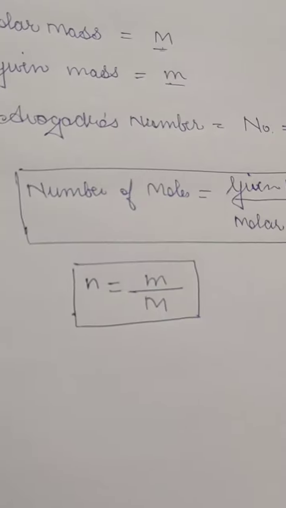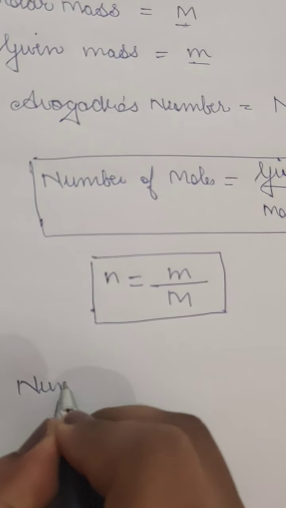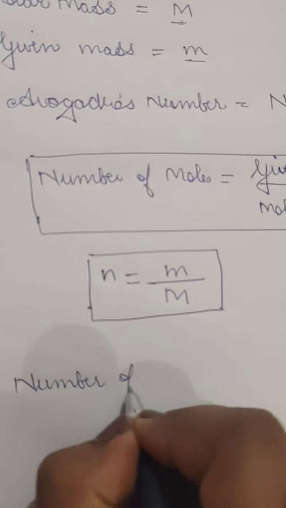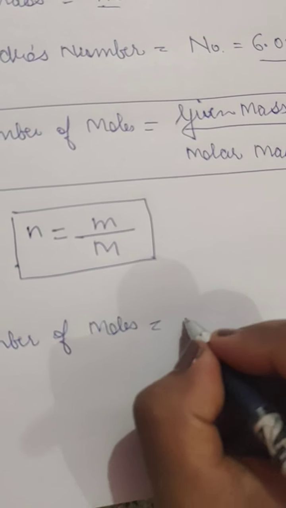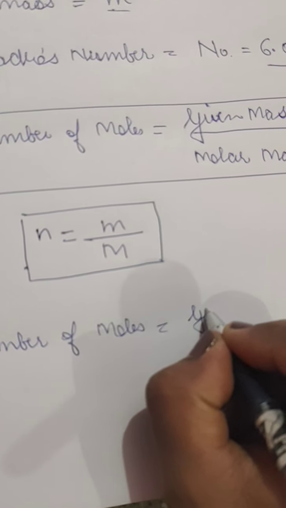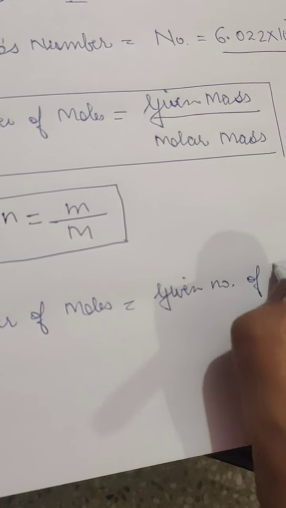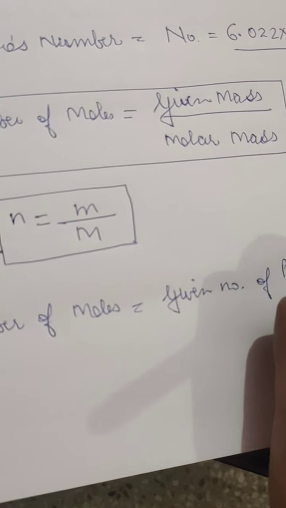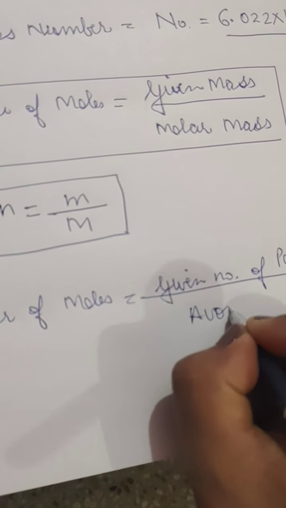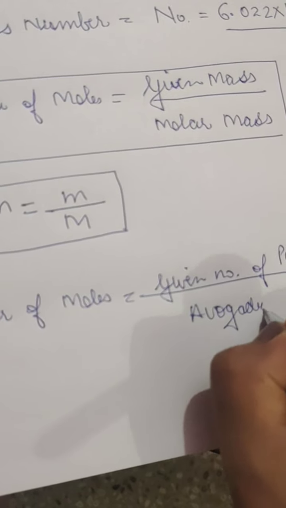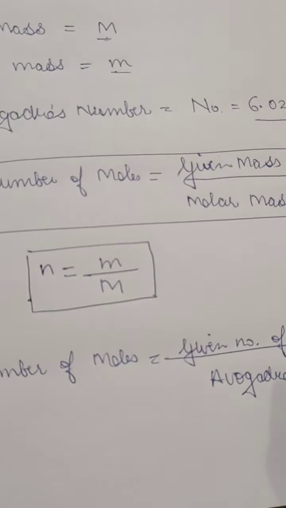Now the other formula is, number of moles can be given as number of particles upon Avogadro's number. Why do we use this formula?